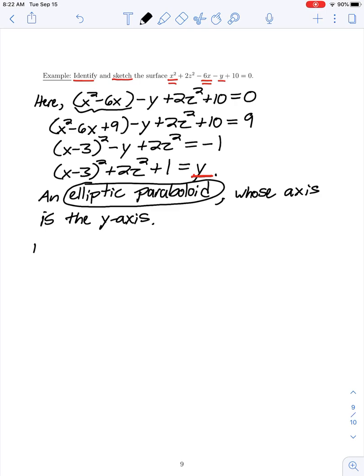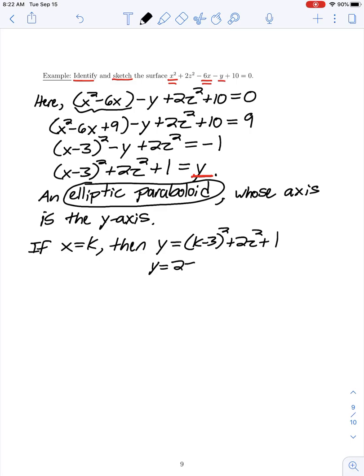So if we consider, let's say, a fixed value of x, then our equation would be of the form y is equal to k minus 3 squared plus 2z squared plus 1.